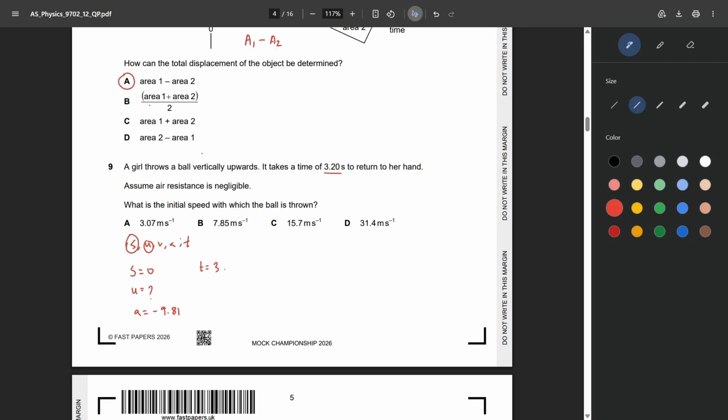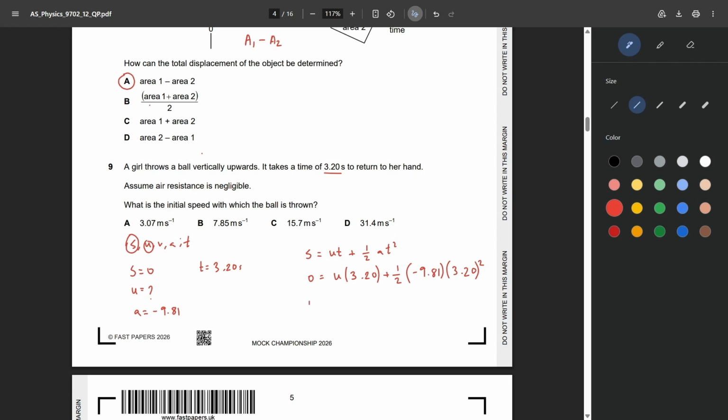Now, since we have these three quantities, S, A, and T, we can find out the value of U, initial velocity, using the equation S equals UT plus half AT squared, where S is 0, U is the quantity we're trying to find, times time, which is 3.20 seconds, plus half times acceleration, which is minus 9.81, and the value of time is 3.20 squared.